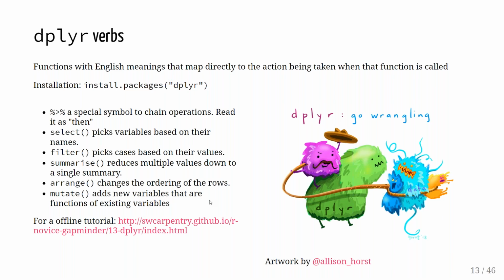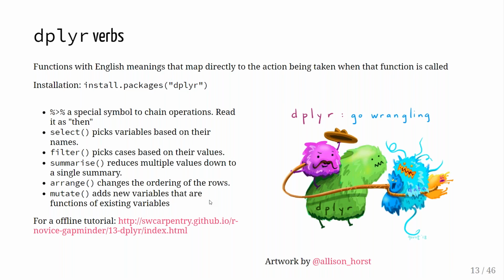So select is a very common aspect. So you just pick the variables that we want. Similarly, filter selects the rows that you want. So again, people might want to select by a certain level of a variable, and so that just picks those, and we really get down to the data that we're interested in.